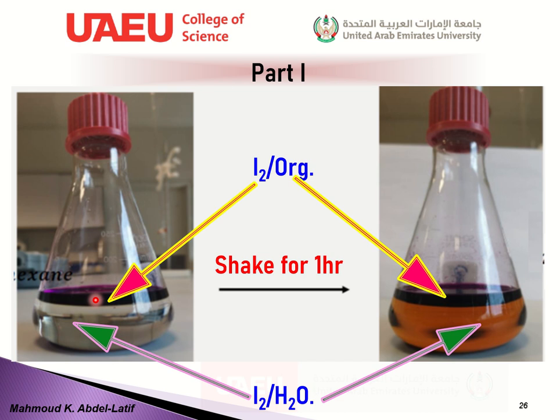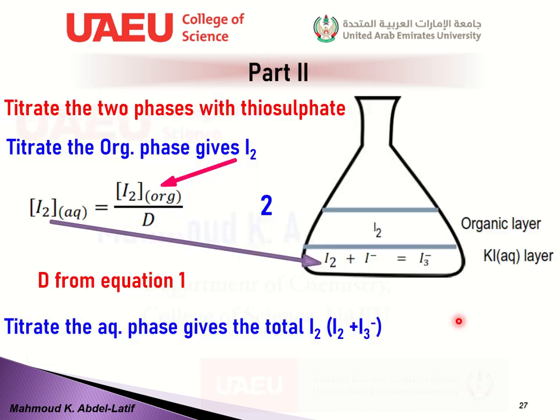You see the iodine is dissolved in cyclohexane, and just check for 1 hour. After 1 hour, some of the iodine will distribute in water, so you will see the color of clear water change into yellow, which means some of the iodine is dissolved in water. Now iodine is distributed between the non-aqueous layer and the aqueous one.